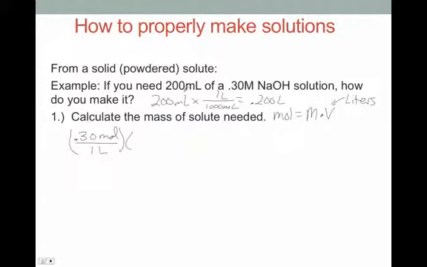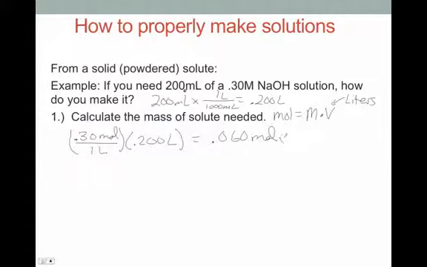We're going to pretend that that's sig figs. And we end up with 0.060 moles.